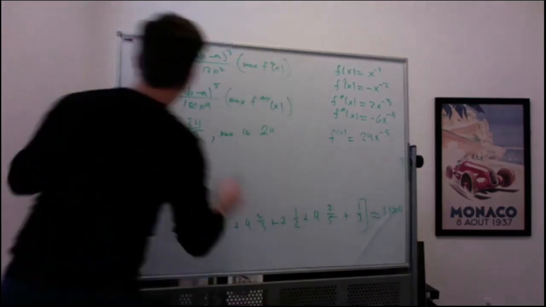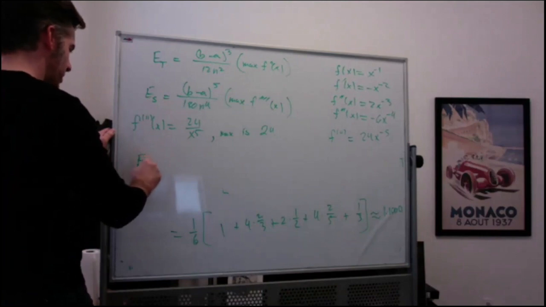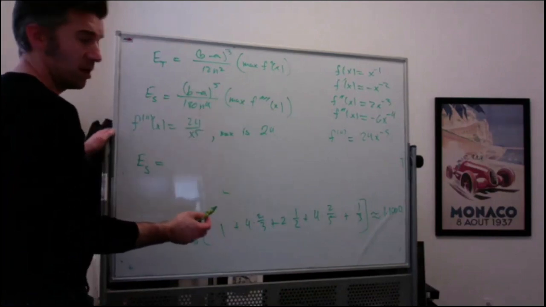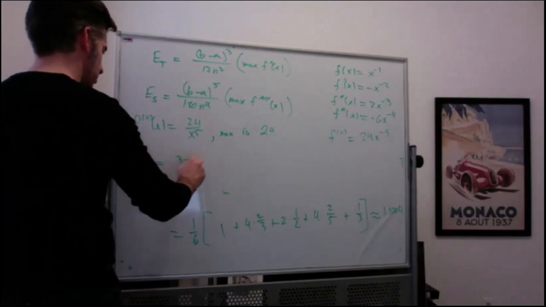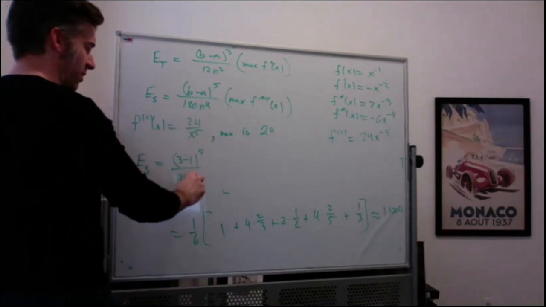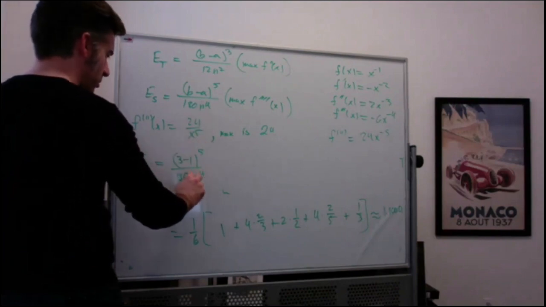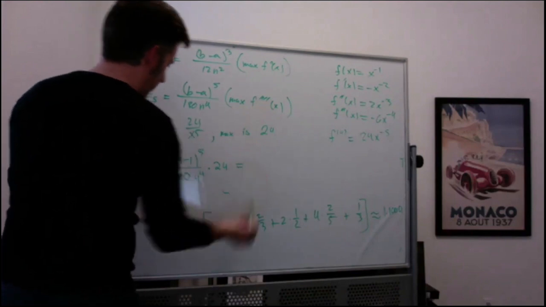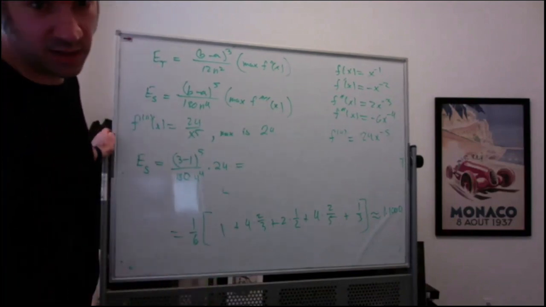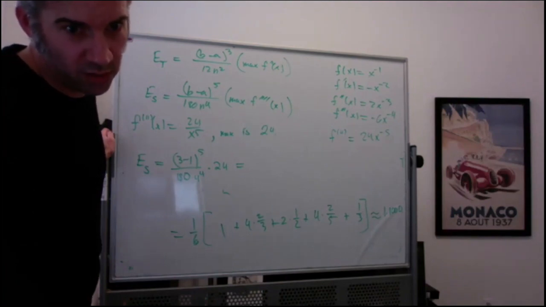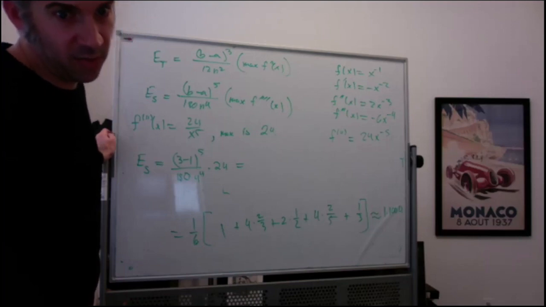So then my error for Simpson's method is going to be b minus a, which was 3 minus 1, to the fifth over 180 times n to the fourth, n was 4, times the max of this, which is 24. If we solve this, we get something heinous. We get a number that's not very nice.